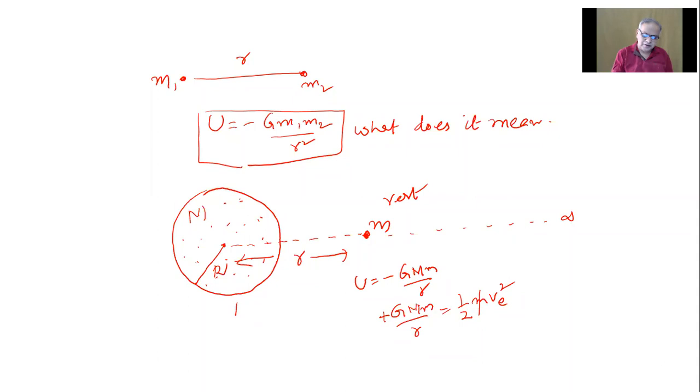If I take out this m, we get that V_E equals under root 2GM by R, or under root 2GM by R plus H. So this is the meaning of that minus G M m by R. This is not R square, children.